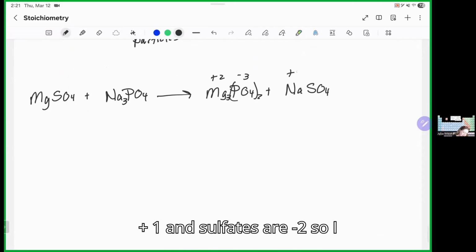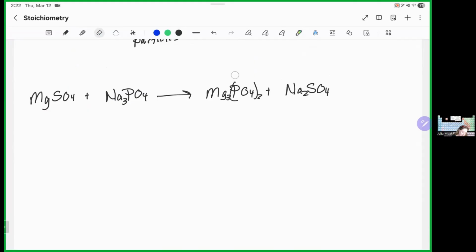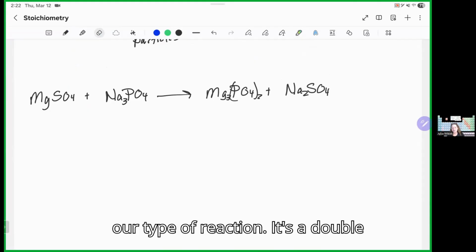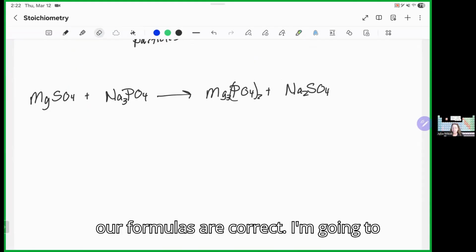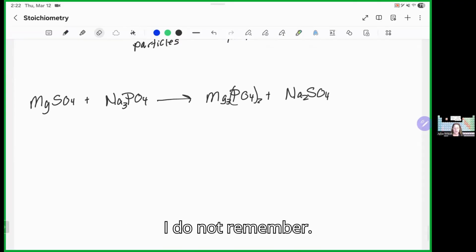Sodium's a +1 and sulfate's a -2, so I need 2 sodiums, 1 sulfate. Okay, so we got our products based on our type of reaction. It's a double replacement reaction. We made sure our formulas are correct. I'm going to put the states in. Magnesium sulfate, oh, I do not remember.